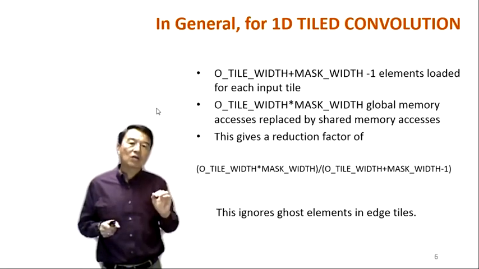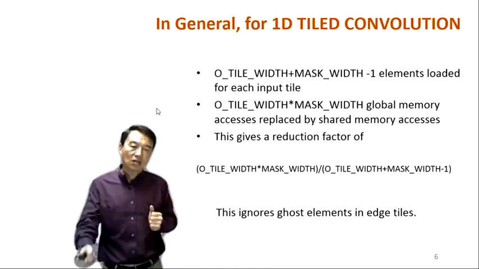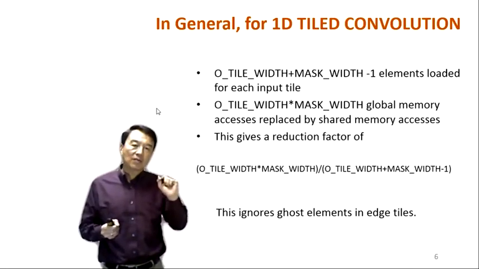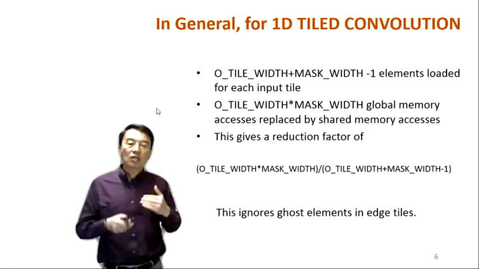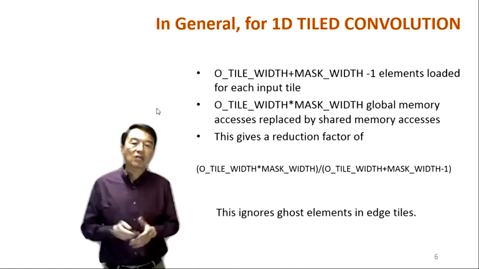In particular, you should assume that when loading the input tile, you don't need to access global memory for the ghost elements, but also in the calculation of total global memory accesses without the tiled algorithm, those elements also don't need to be loaded from global memory. So when you calculate the ratio, there will be somewhat of a change, but it will not be a whole lot as long as the output tile width is reasonably large.